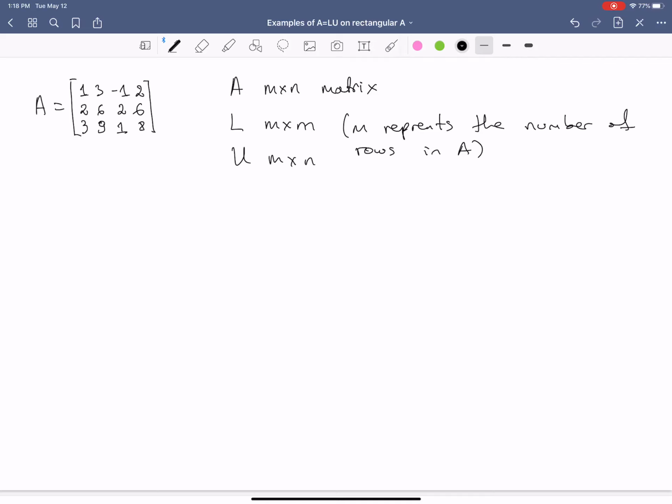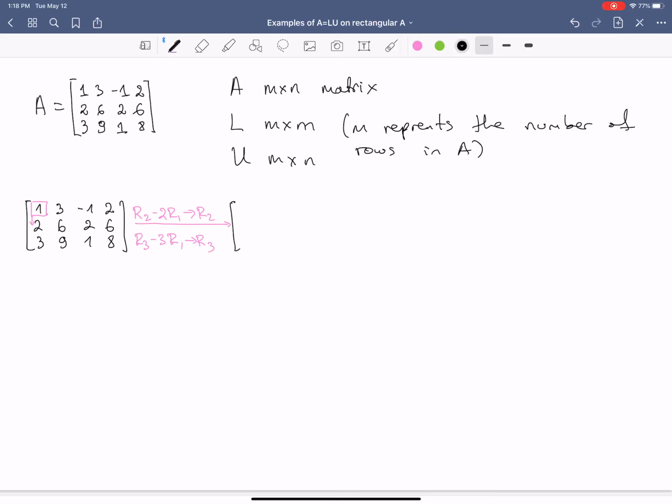All right, now with this, let's write the elimination steps on A. So I'll copy A: 1, 3, negative 1, 2; 2, 6, 2, 6; 3, 9, 1, 8. Now the first pivot is this one in the first row. I eliminate underneath it. The operations are R2 minus 2R1 into R2 and R3 minus 3R1 into R3.